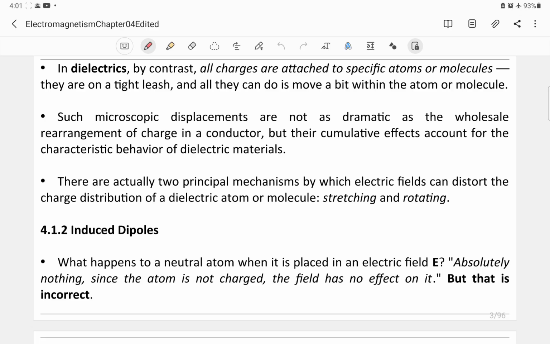But there will now be a separation between positive and negative charges within the atom when you apply an electric field on that atom.